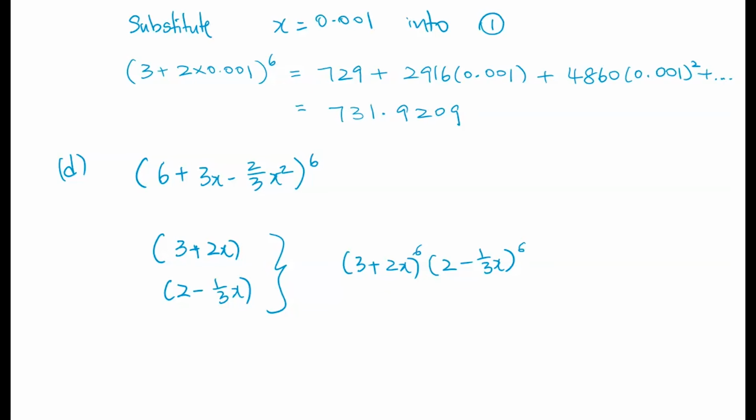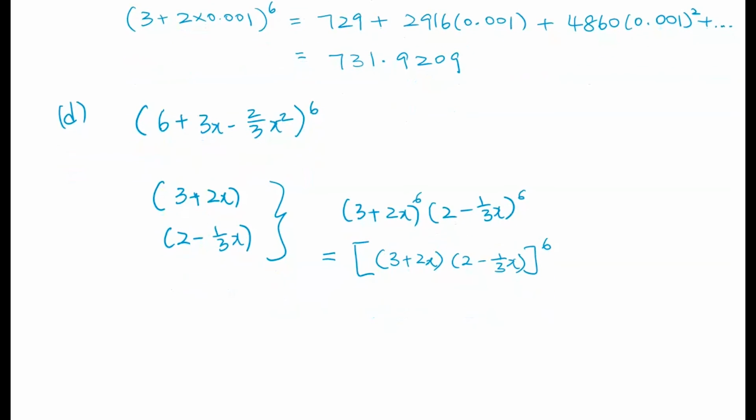From laws of indices, because the power is the same, we can take it out and write it like that: 3 plus 2x times 2 minus 1 third x, power 6. This is laws of indices.